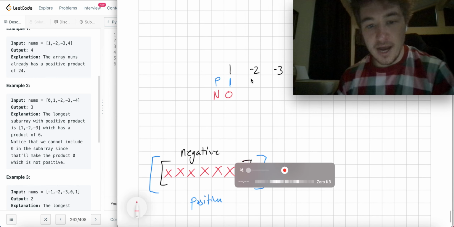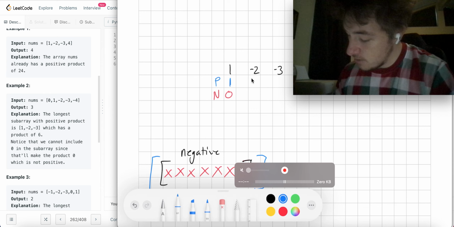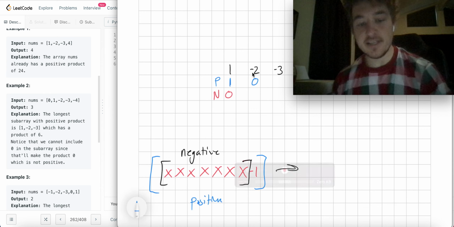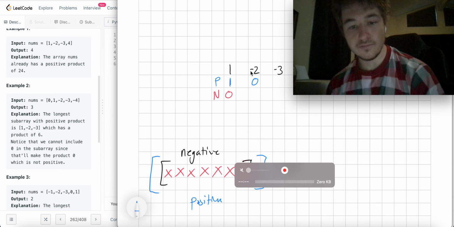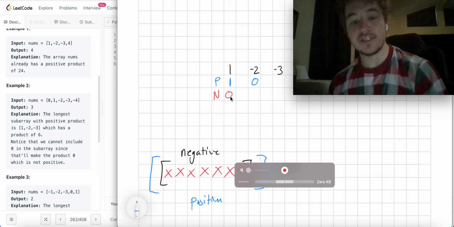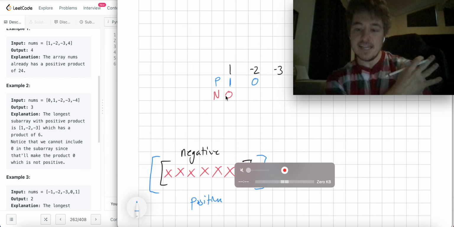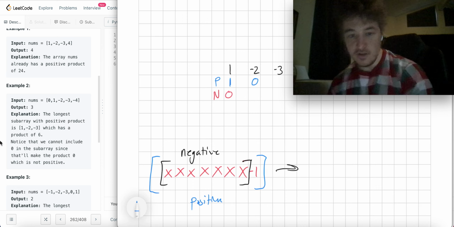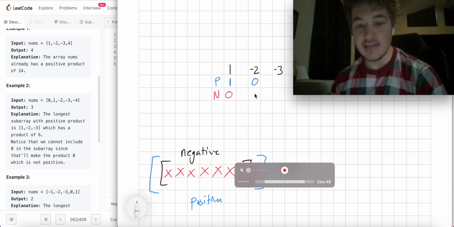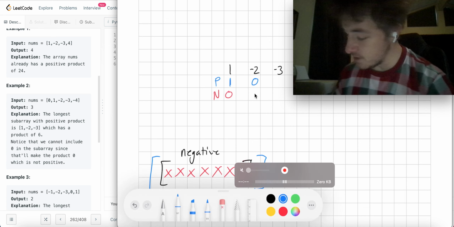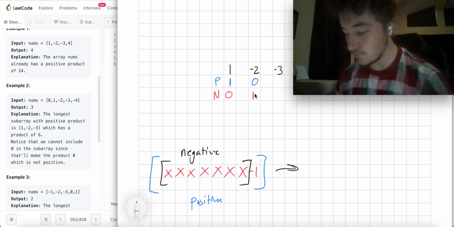So the longest positive number here is 0 because there's nothing to attach this -2 to. Right? I can't attach this -2 to an already existing negative subarray to make it positive, so it stays as 0. The negative value here, well, it's just 1, right? Because there's a negative value by itself.